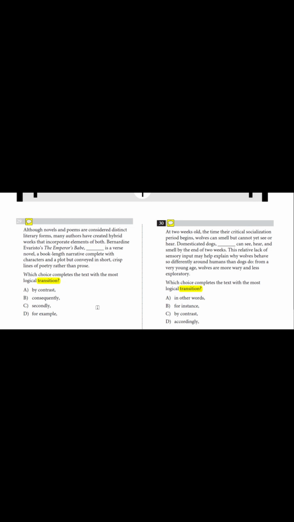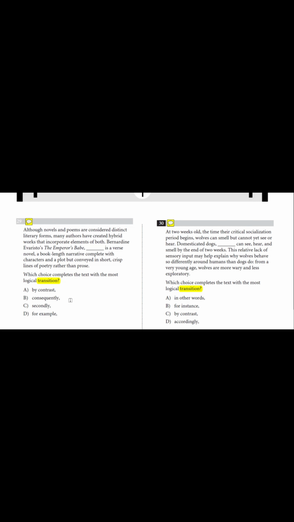Okay, my friends, a very important tip that must be known: in some cases you may find copycat answers. Copycat answers is when two answer choices function in the same way or have the same meaning. For example, if I'm dealing with a transition question and you find "also" and "in addition," these are what we call copycats.